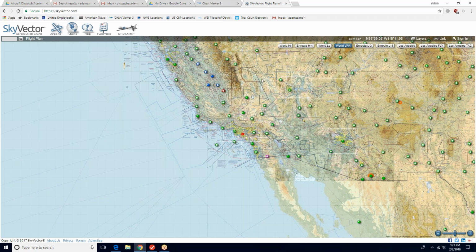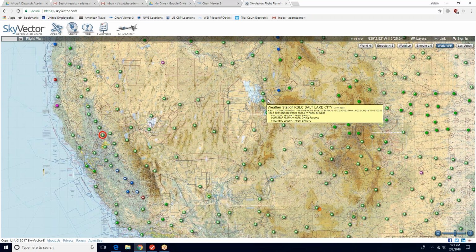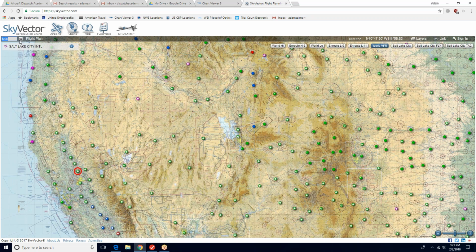But let me show you here. So if you are looking at Salt Lake City, one thing you can do is you can just simply go and type in Salt Lake City, up into this little box up here, and then you can just click on airport.